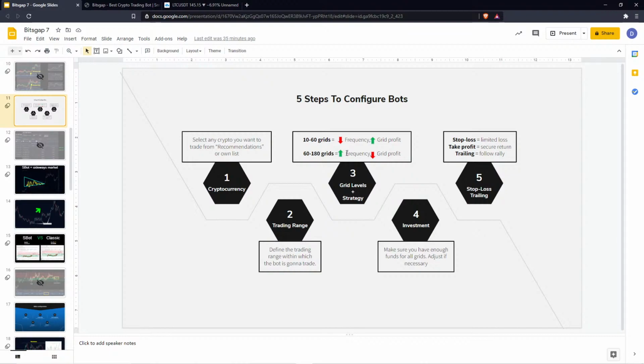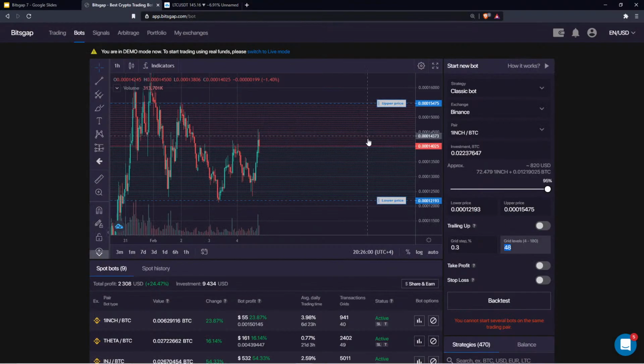But in any case, the fact that the frequency is increased offsets the fact that the grid profit is decreased. Why is that?